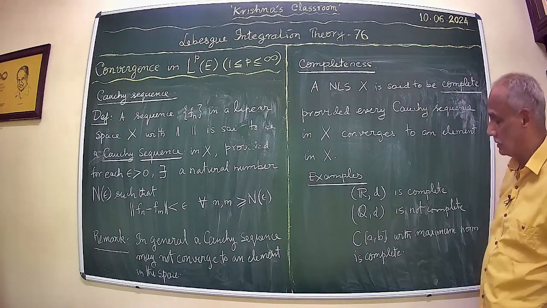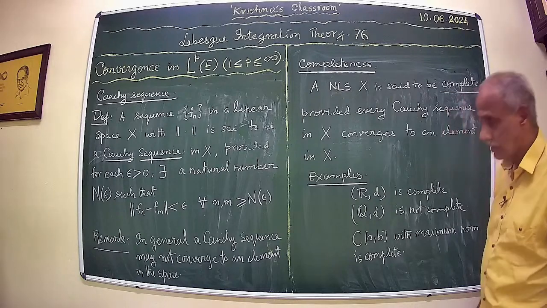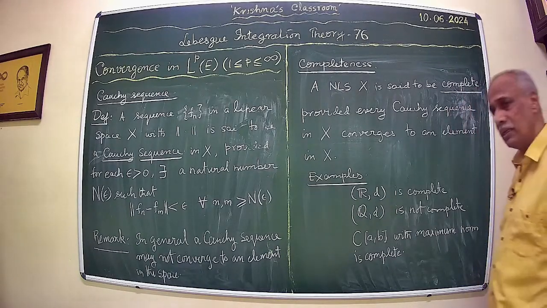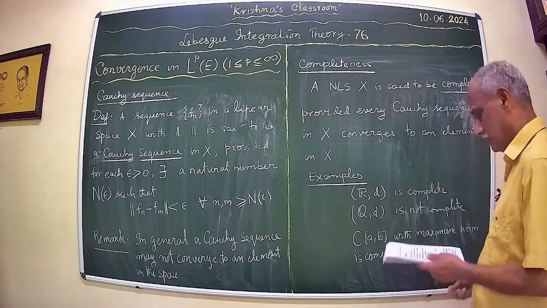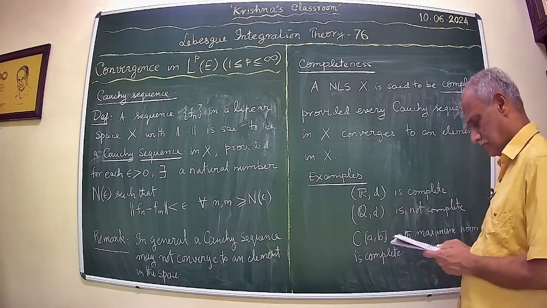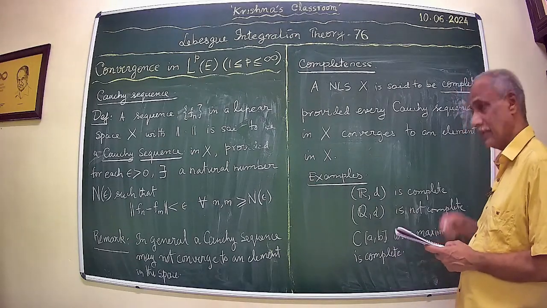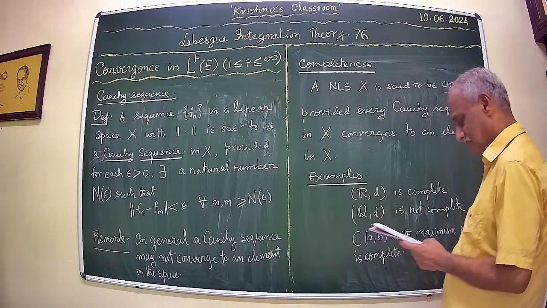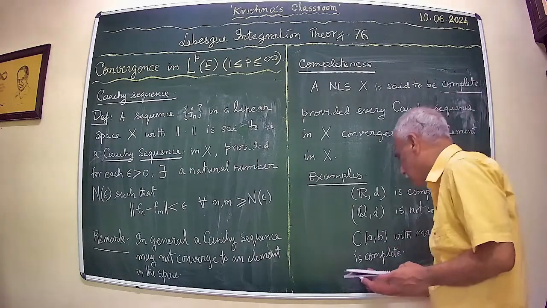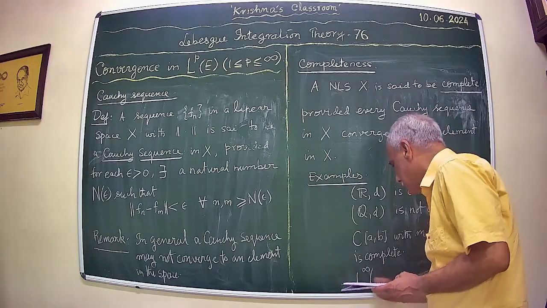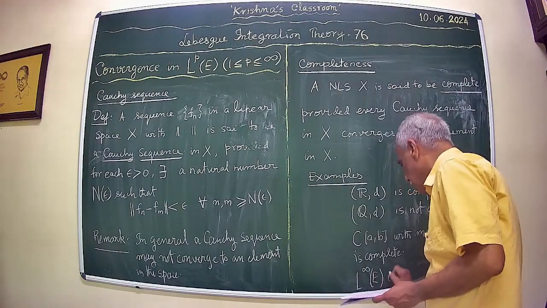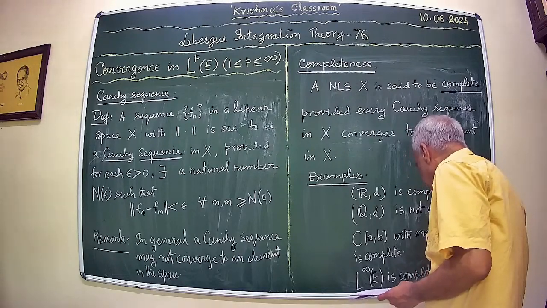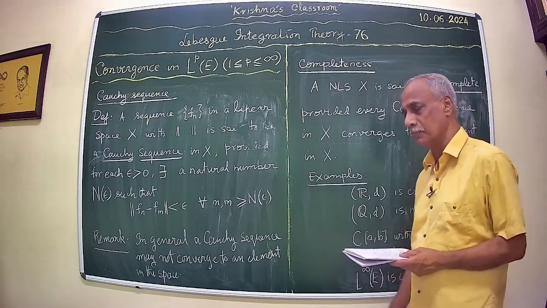Every sequence of continuous functions which converges uniformly has a limit which is also a continuous function. So also one can prove that L infinity is complete. And we shall prove L^p is complete.